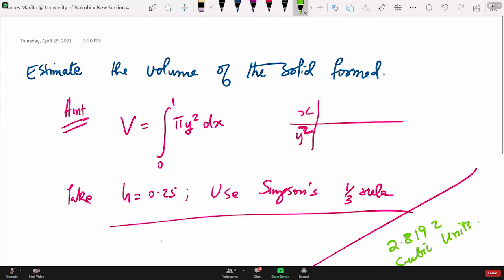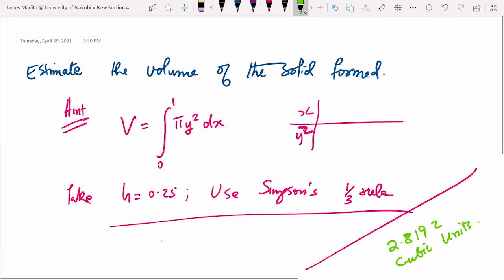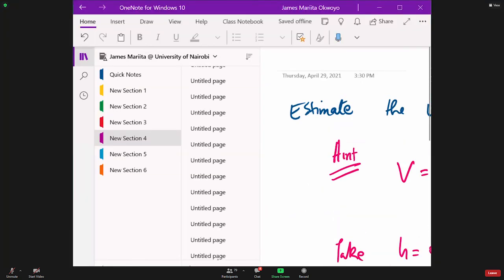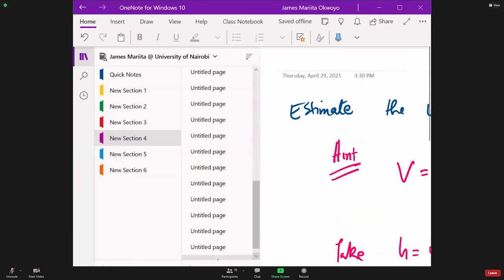Excuse me, sir. Yes. Can you please move to the previous slide? Previous slide. You mean that one?